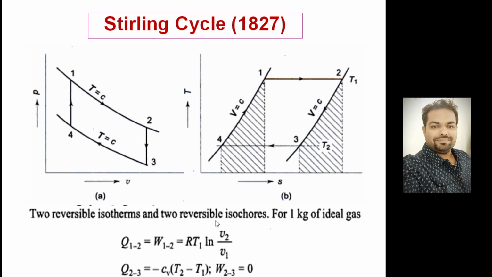So two reversible isothermal, two reversible isochoric or constant volume processes. So we can write Q1-2, the same expression, RT1 ln of V2 by V1, and Q2-3 is Cv (T2 minus T1), and W2-3 is 0 because this is a constant volume process.